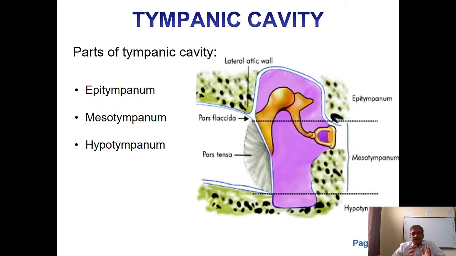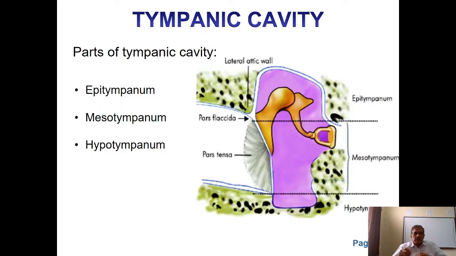Let us try to understand all the various walls of this tympanic cavity, and then we go to the contents of the middle ear cavity, how they are disposed, and how they help in conducting the sound waves which strike the tympanic membrane, and how they are conducted via the middle ear into the inner ear.